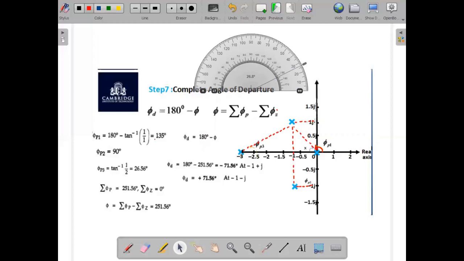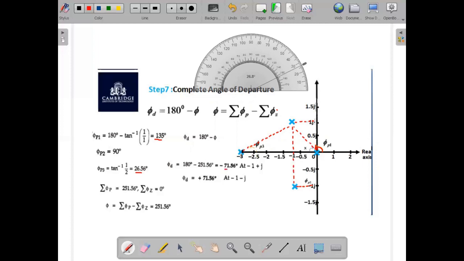So making use of the protractor, we have calculated phi p1 as 135 degree and phi p3 as 26.8 degree in this case. Remember, you have to maintain proper scaling along the x and y axis if you are making use of the protractor. If on the x axis the division for one unit is 0.5, then on the imaginary axis and the real axis both should be uniform. The scaling should be uniform, remember.